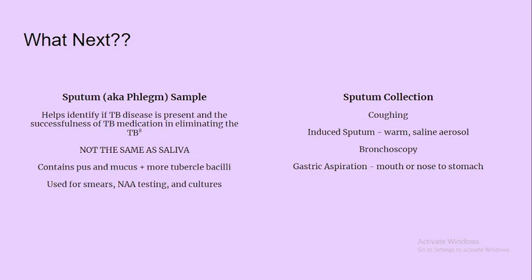Usually people can cough. They take a deep, deep breath in and cough up the sputum. But some people can't do that. So there's induced sputum, where a warm saline aerosol, which is about 3 to 5% salt, is put into your lungs, and that induces your ability to produce sputum.